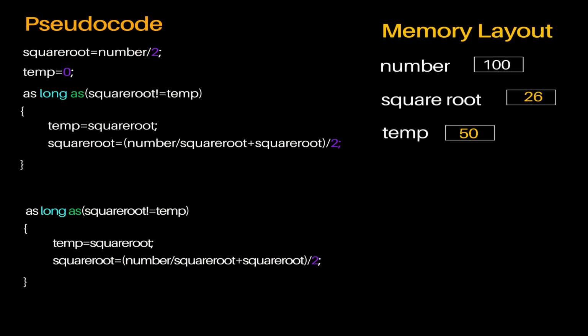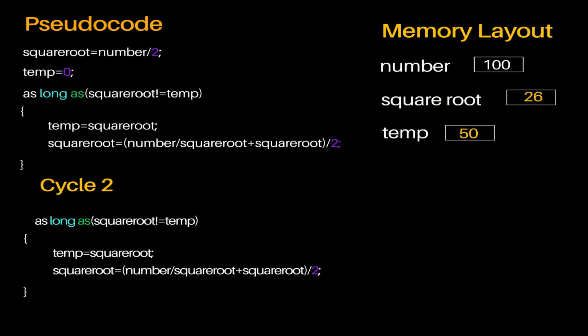What is the condition? So we will be entering the cycle 2 here. In cycle 2, we can see that square root value happens to be 26 and the temp value happens to be 50. So 26 is not equal to 50. As the condition is true, we would once again enter the while loop.